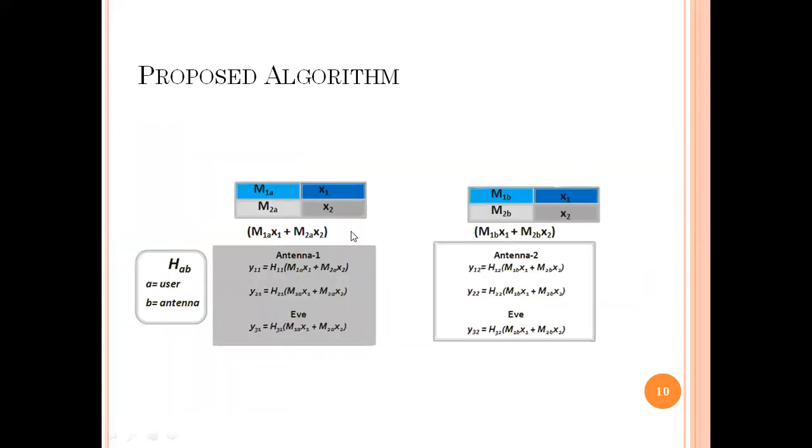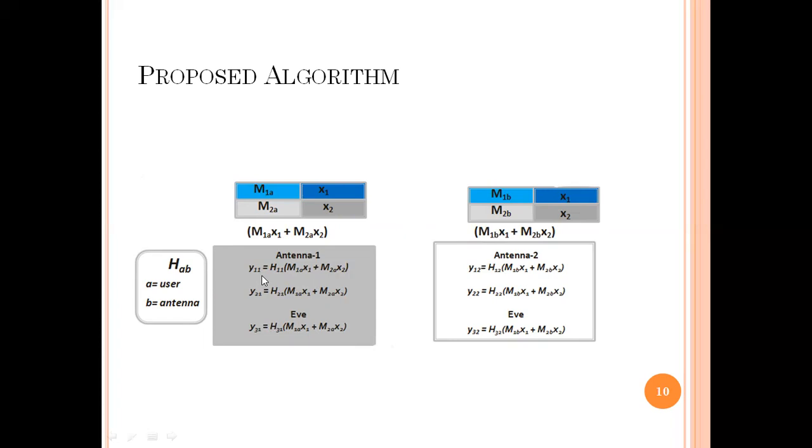Again, M1A is the precoder matrix superimposed with X1, and M2A is the precoder matrix superimposed with X2, the transmitted data packet of user 2. Similarly, X1 with M1A, X2 with M2B. Transmitted signal from antenna 1, transmitted signal from antenna 2.